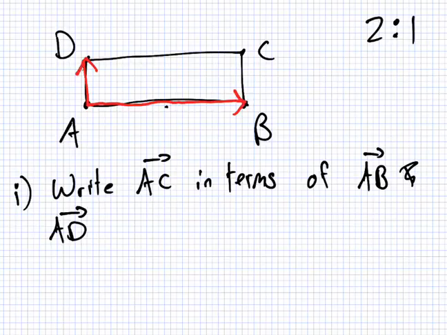So I'll just give you a minute to try that. Should only take a minute. I want you to write AC using AB and AD and no other vectors.